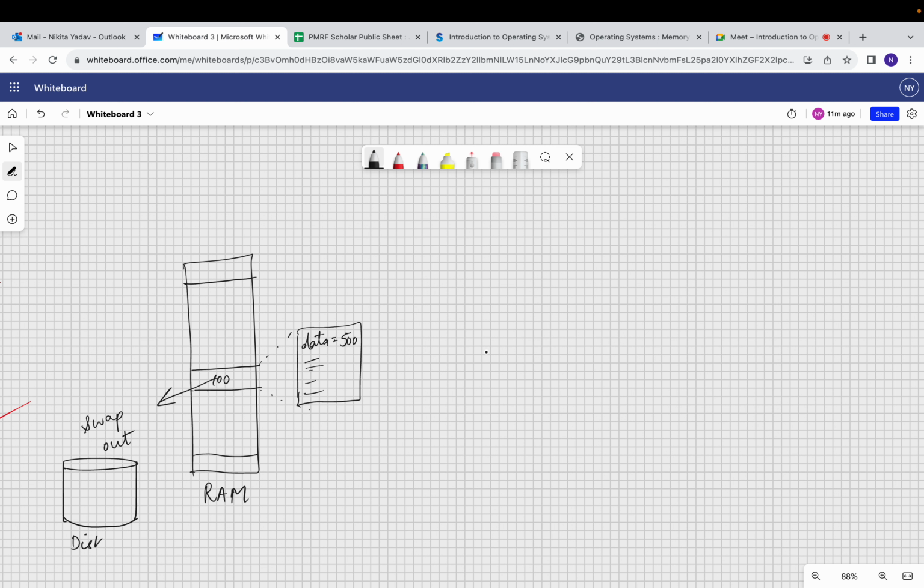This page is moved only when the page is dirty, meaning it has been modified. Because if the page has not been modified, then the page copy is already available in disk, and it's not useful to copy it back.